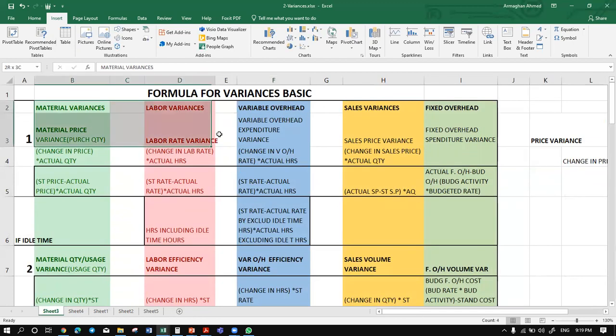It means these price formulas apply to the basic types of inputs and outputs. So we are using the price formula for material price, labor price, variable overhead price, and sales price. The formula is the same.